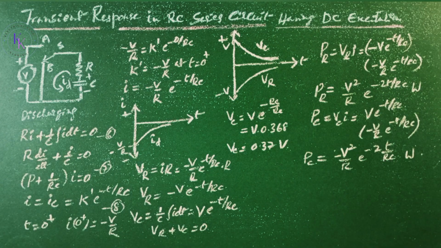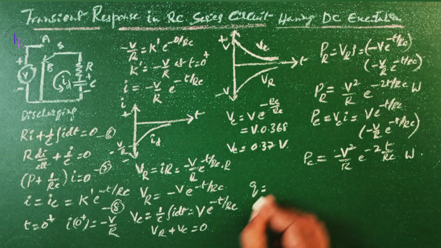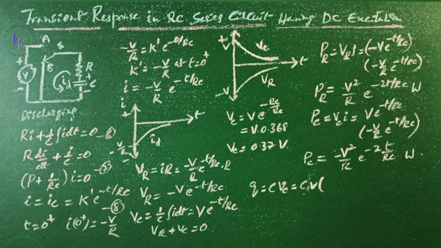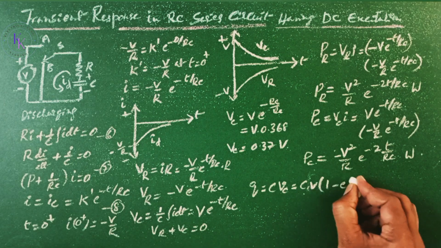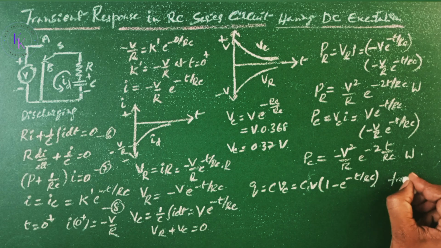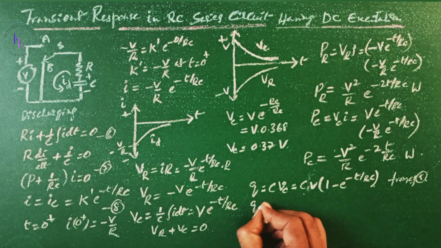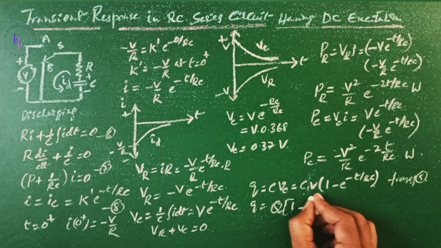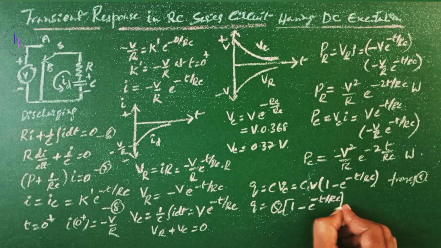The charge stored in a capacitor during charging is given by Q equals C V_C, that equals C V of 1 minus e to the power of minus t by RC from equation number 5. Then Q equals CV, which is nothing but the charge Q, of 1 minus e to the power of minus t by RC.